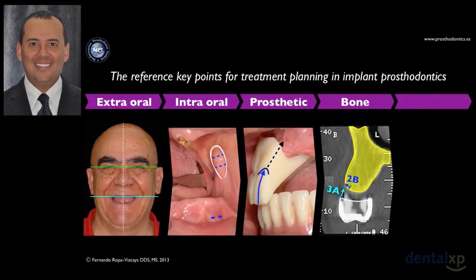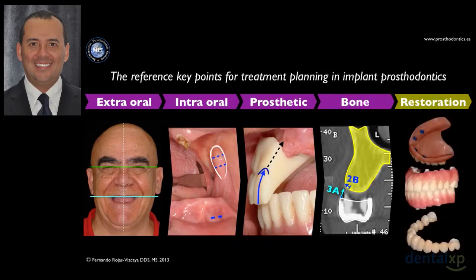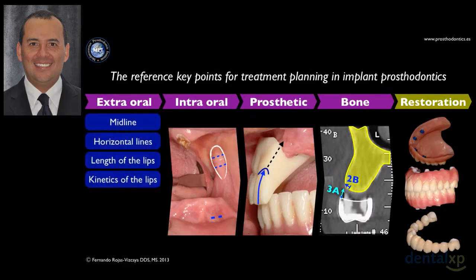After we make this analysis between the crown and the existing bone, we will be able to determine the type of restoration. For every step, for every key point of reference, we have names, and we can use more. This is just the basic set that I use to do my analysis.